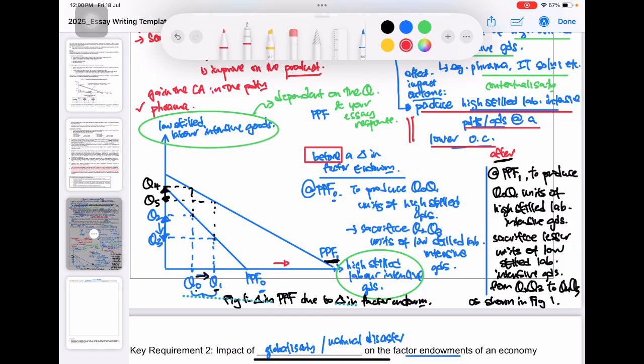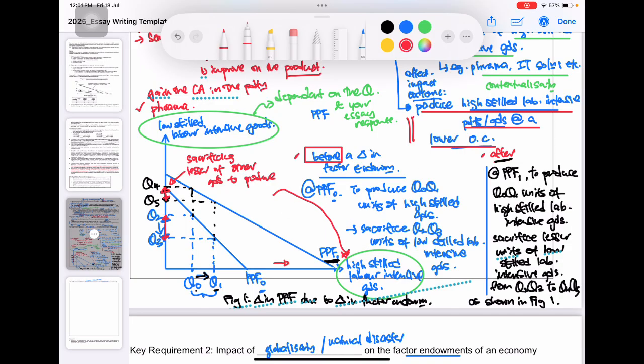However, if you go a step further to explain the before and after to clearly illustrate the change due to the factor endowment changes, the country is sacrificing lesser of other goods to produce this particular high-skilled labor-intensive good.